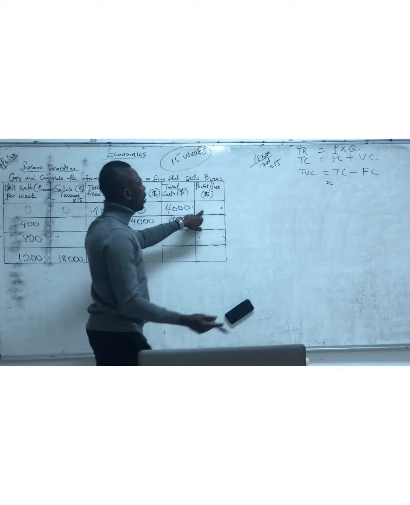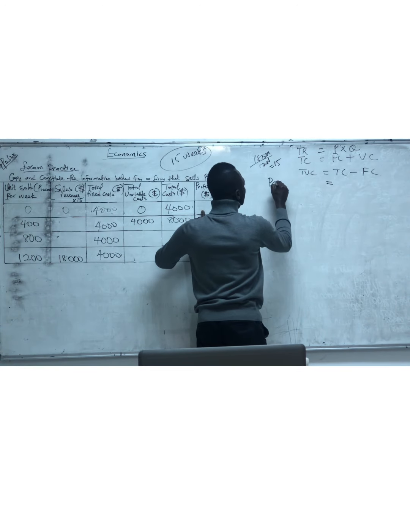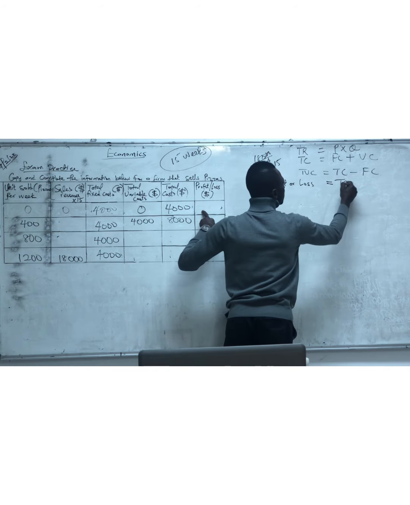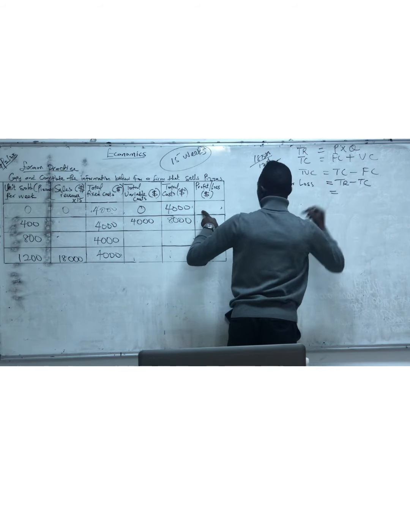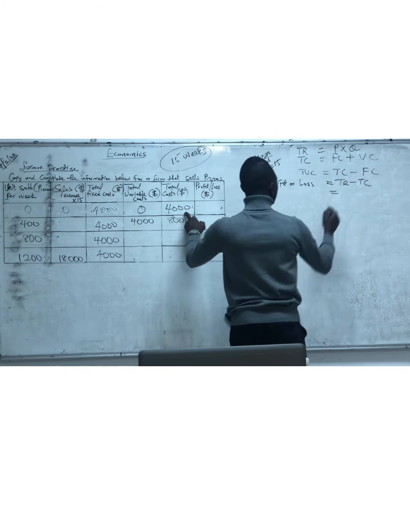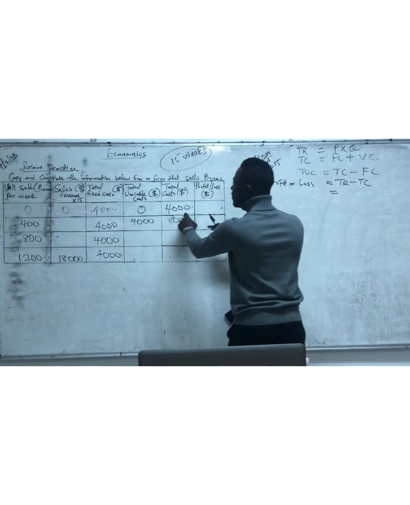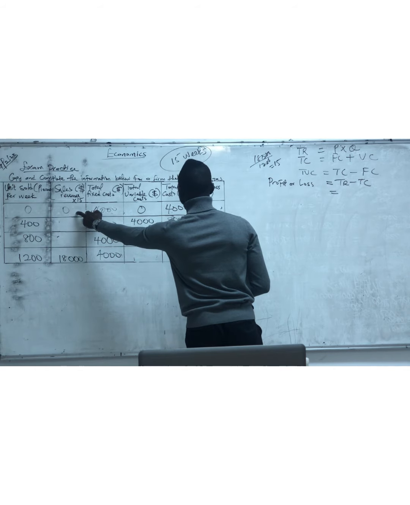Then our profit or loss is total revenue minus total cost. So that is 4,000 is 0. Total cost. Total revenue. This is our total revenue.